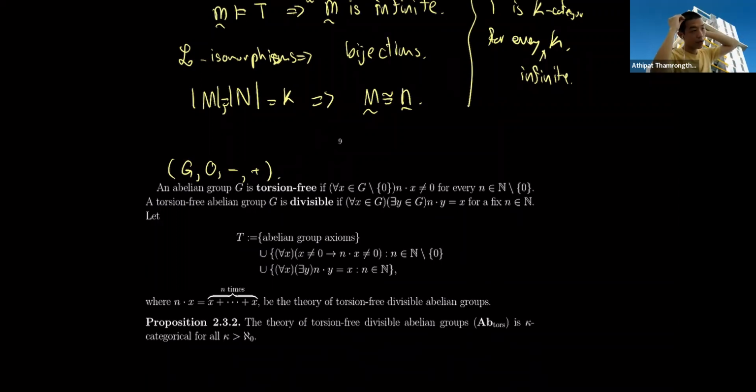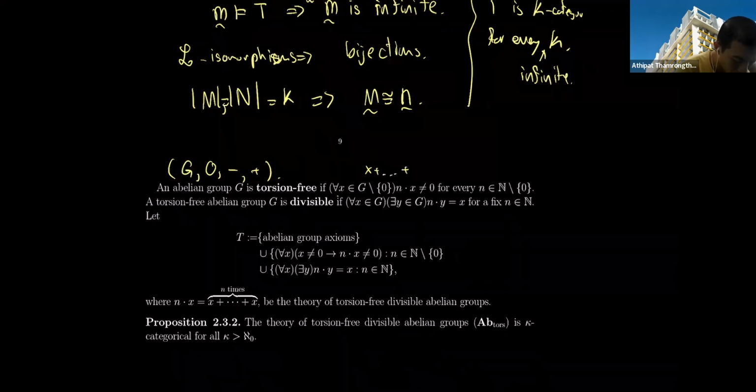Okay. And we're going to say that G is torsion free if for every non-zero x in G, if you look at n·x, what does this one mean? It means that you look at the sum of x, n times. Right?